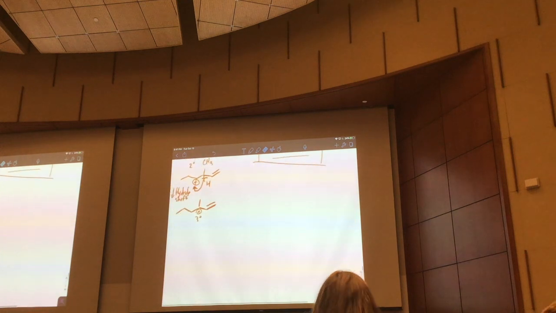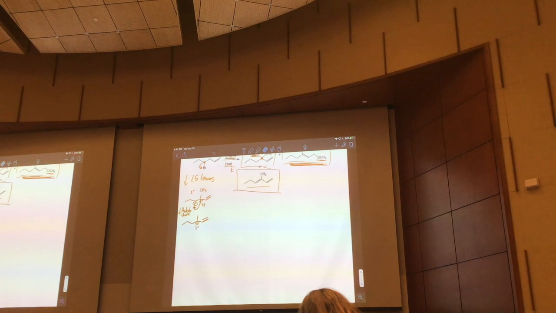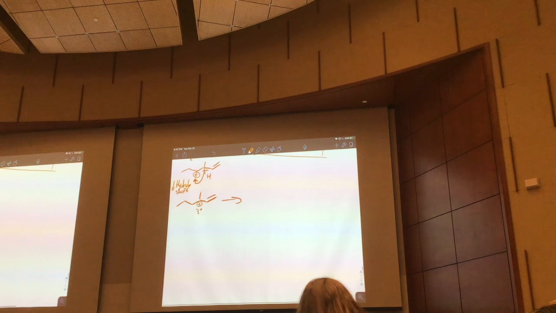Okay, so we've got our hydride shift. Now we have our tertiary carbocation. This is where it diverges. Let's just pick something to do and do it. Let's do a substitution reaction at the carbocation. There's a number of things we can do. Let's just do that one. So we're going to substitute at the carbocation.